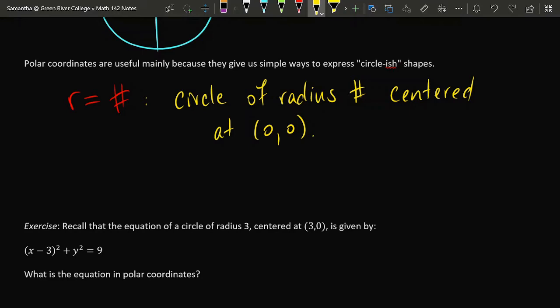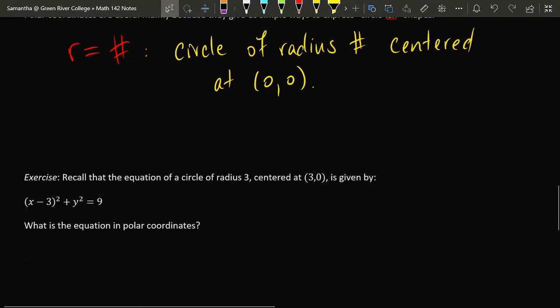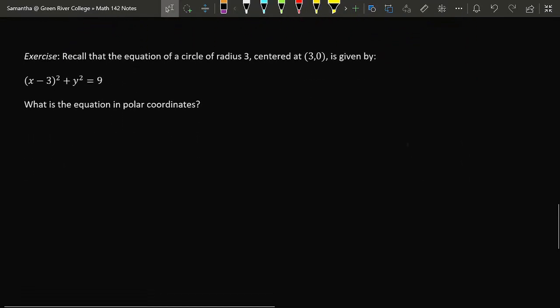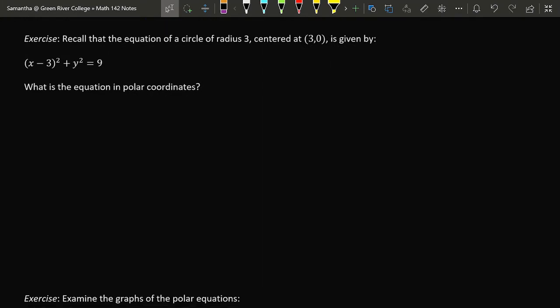But on occasion, they can also be a useful way to express circles which are slightly offset from the origin. And that's in this exercise. In this case, we have a circle of radius 3 centered at the location 3, 0. In Cartesian coordinates, the equation of this circle is given by the following.